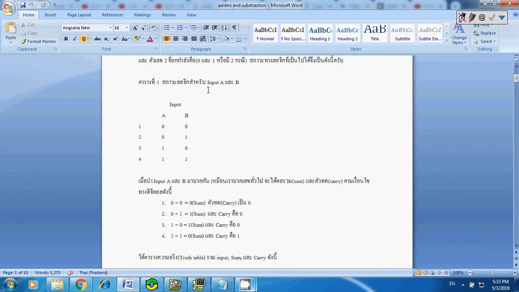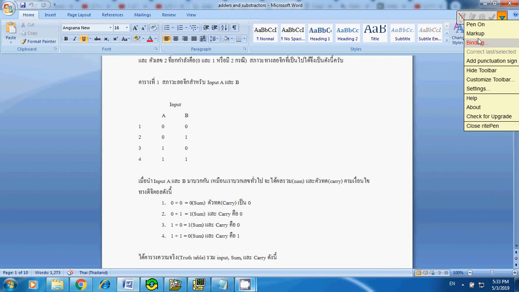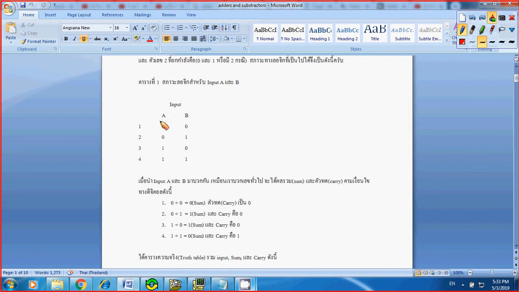And then let's take a look at the logic status for input A and B, the total combinations. The input A and B can be either 0 or 1, so you have a total of 4 combinations. You have A to be 0 0 1 1, B to be 0 1 0 1.